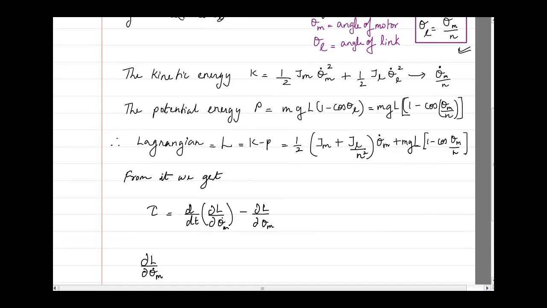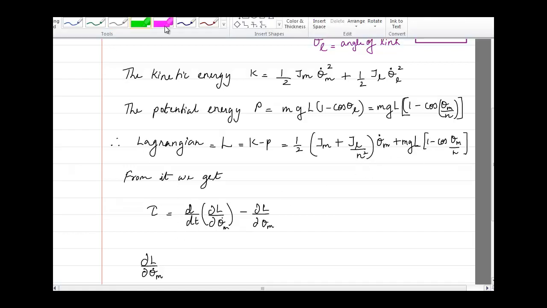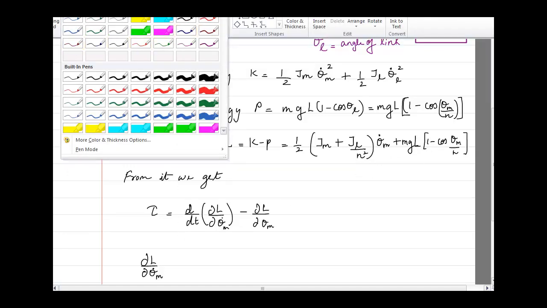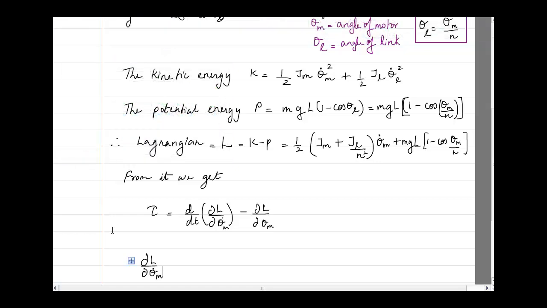If you look at the first term, let me remove the unnecessary. Okay, so this is the equation. If you look at the first term, it only has theta m dot. So the second term, differentiation is going to be 0. So let me use a different color now.